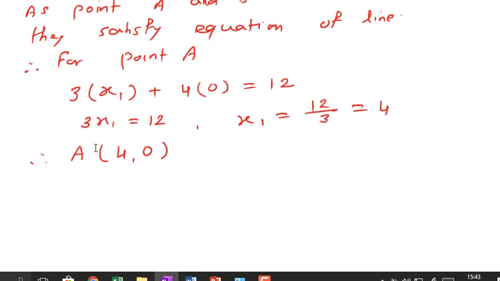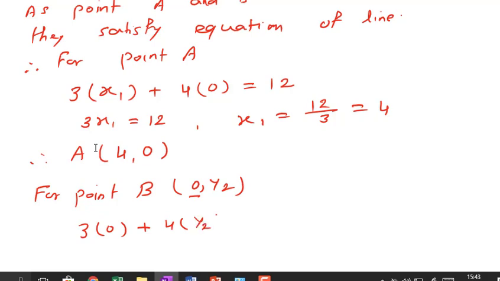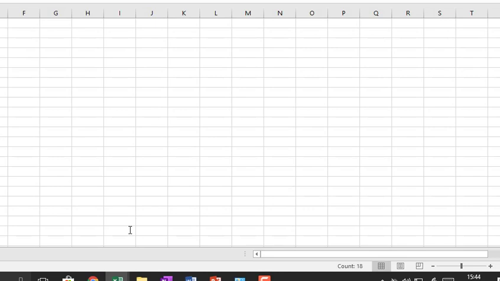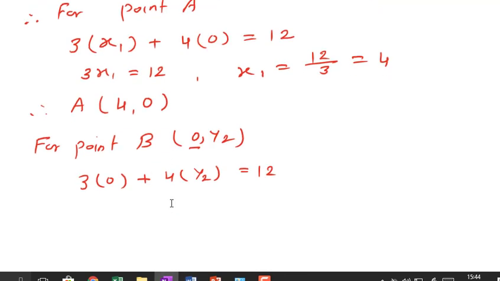Now for point B, which is 0 comma y2, we have 3 into 0, because the x coordinate is 0, plus 4 into y2 equals 12. This gives me 4y2 equals 12, so y2 is 3.